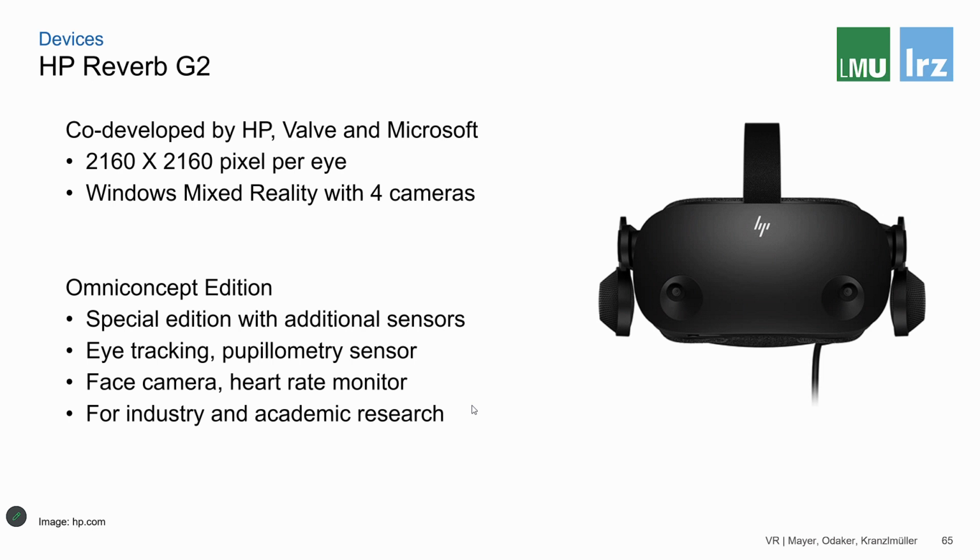So it was a special edition that featured not only eye tracking, but also a pupillometry sensor, which measures your pupils. It has a face camera and a heart rate monitor.